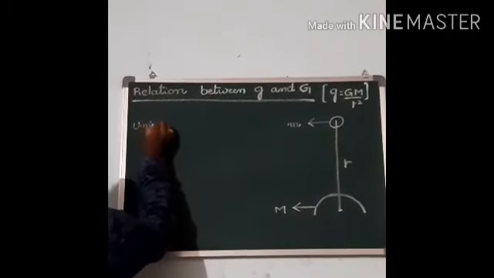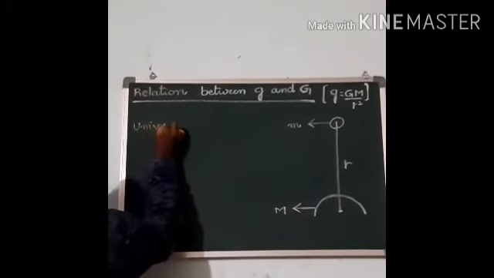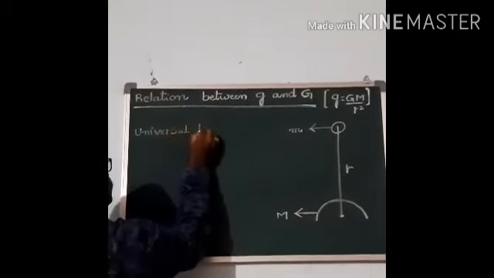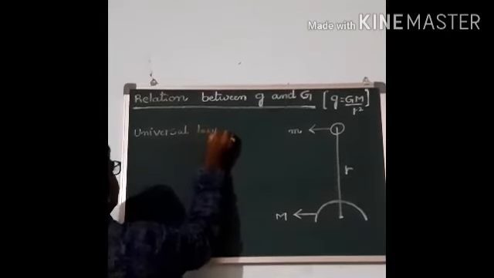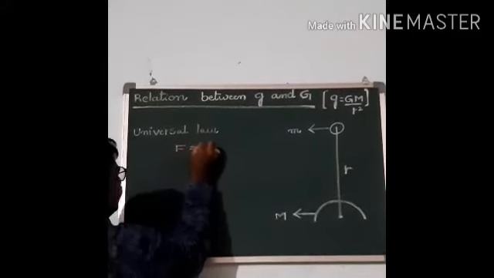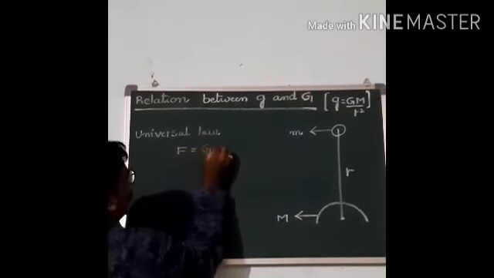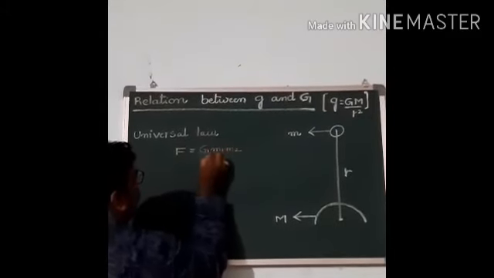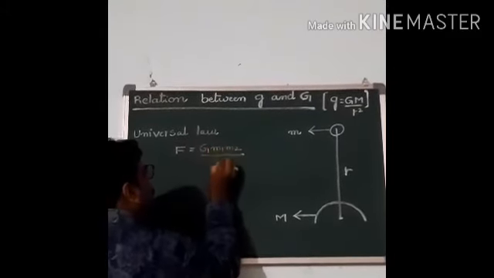What is the universal law? We all know the universal law F equal to G m1 m2 by r square.